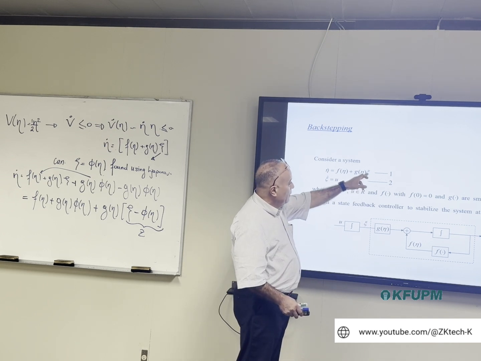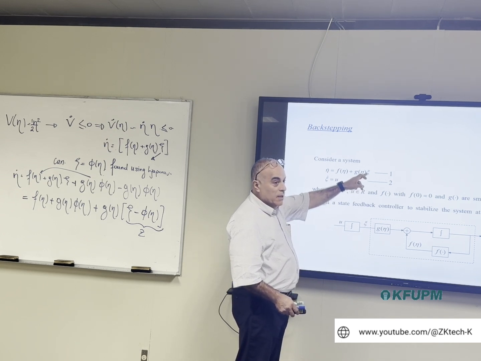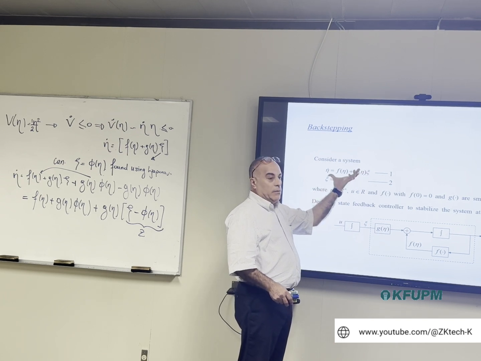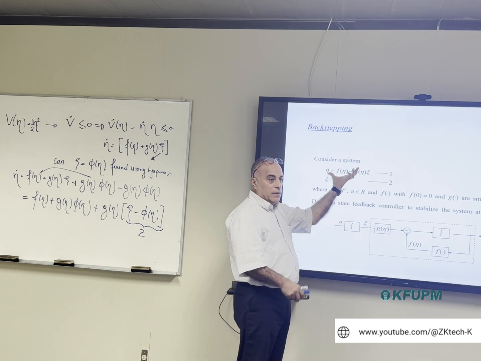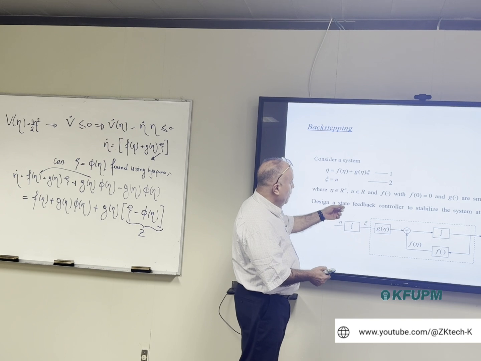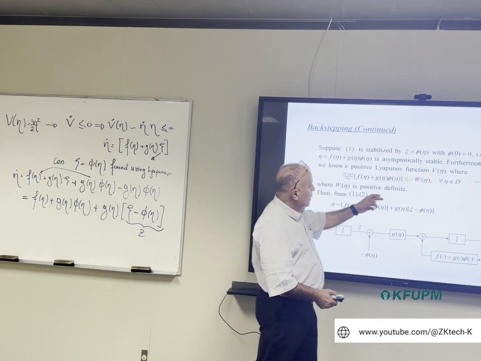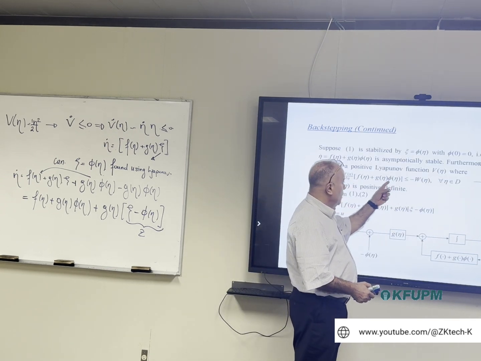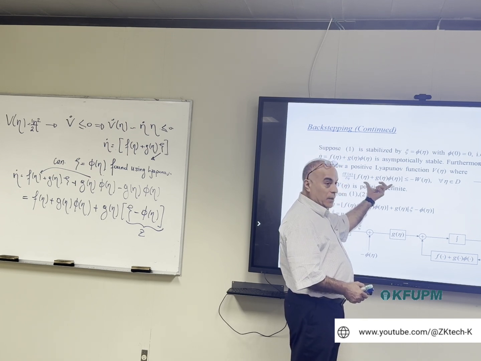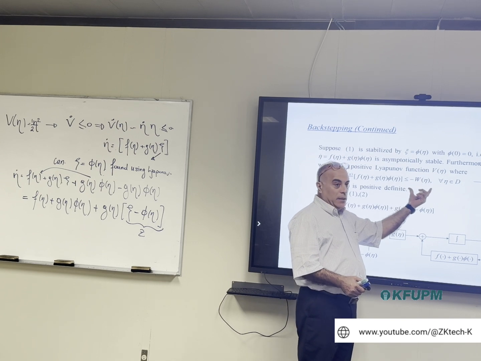So I'm going to take advantage of the presence of this, and I'm going to ask myself, what will be the value of this zeta, such that this equation will be stable, go to 0, for example, right? And we assume that based on our calculation, based on our Lyapunov, we were able to find a function phi of eta that represents zeta in this dynamic equation, and this will be bounded by a negative function.